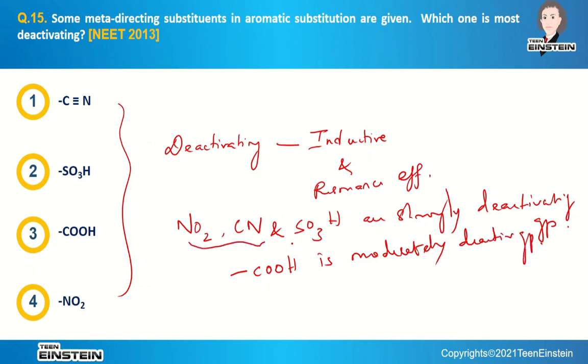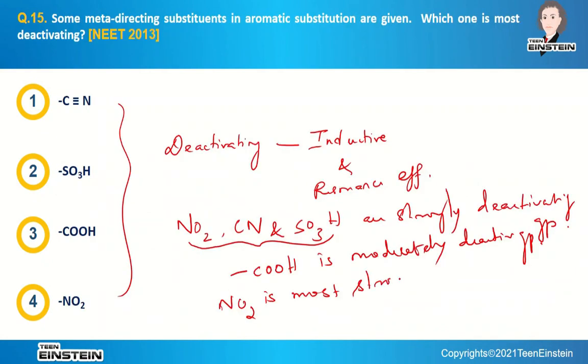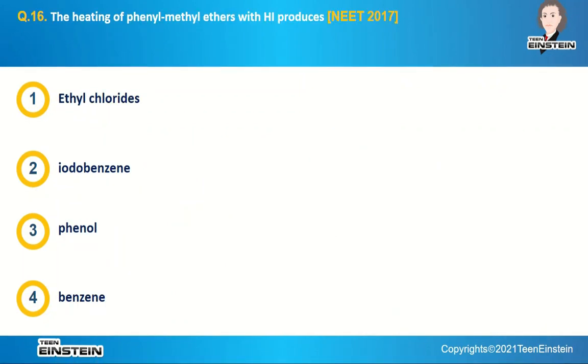So compared to nitro, CN and SO3H, the nitro group is the most strongly deactivating group. So the correct answer is option number 4. So the nitro group is the most deactivating group. Let us see the next question.